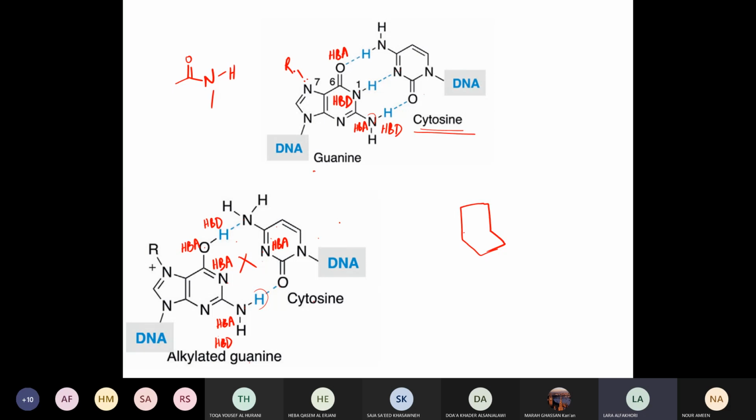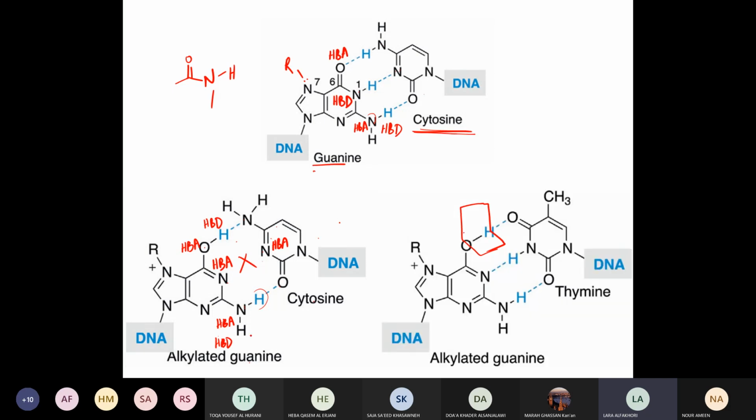So such alkylation has weakened the pairing between guanine and cytosine, and that form of guanine is now more compatible to pair with thymine.